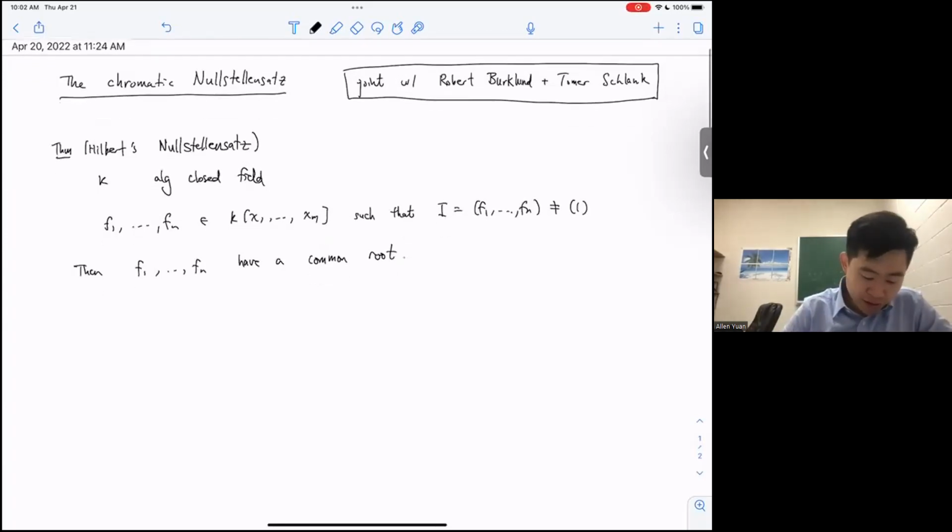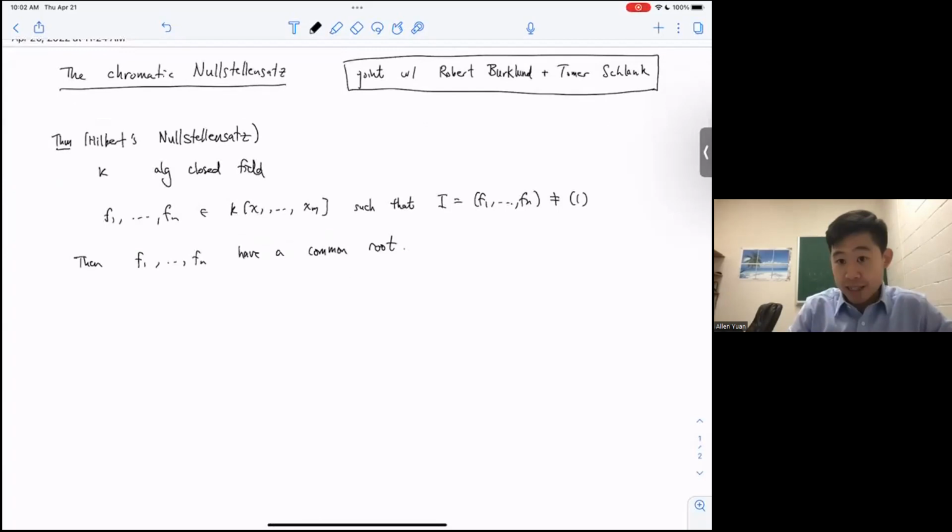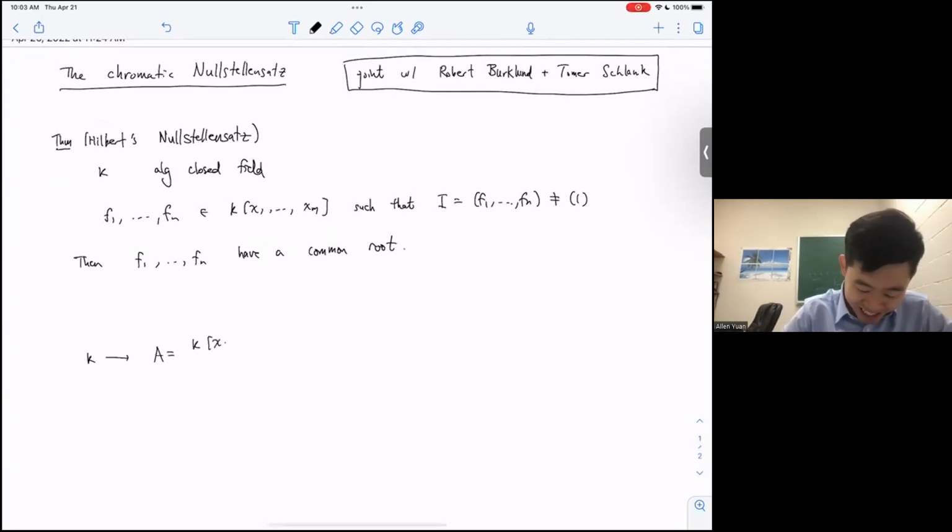But there's an equivalent way that you could state this that's a little bit less hands-on, which is that you could consider the algebra generated over K by adjoining, well, the corresponding algebra K adjoin x1 through xm, and mod it out by these polynomials.